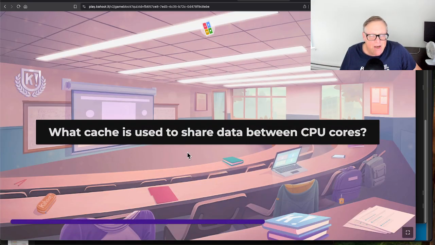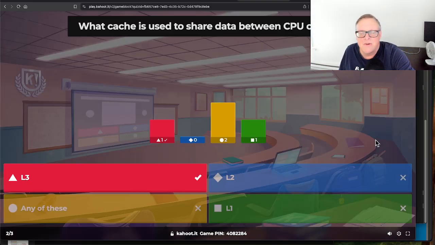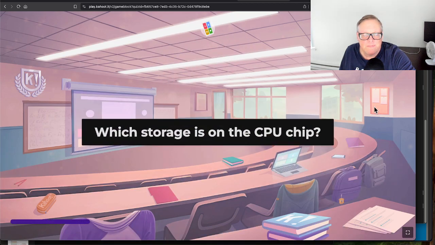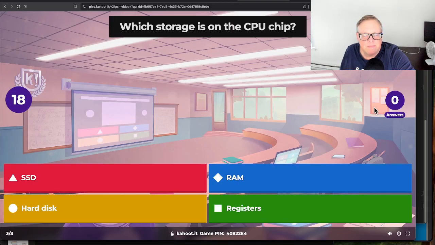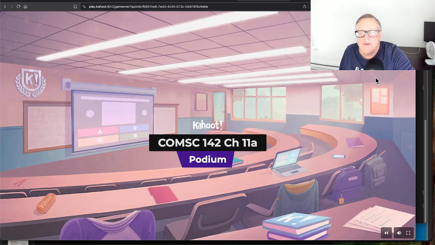All right, what cache shares data between CPU cores? That's level 3. All right, what's on the CPU chip? All right, and that's the registers.